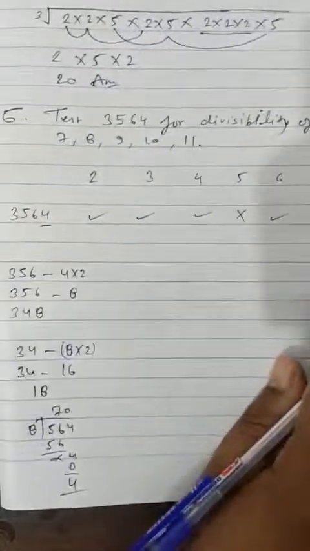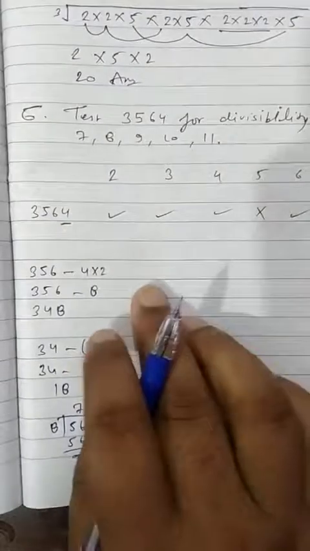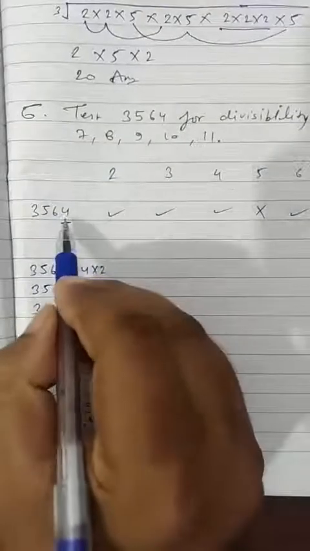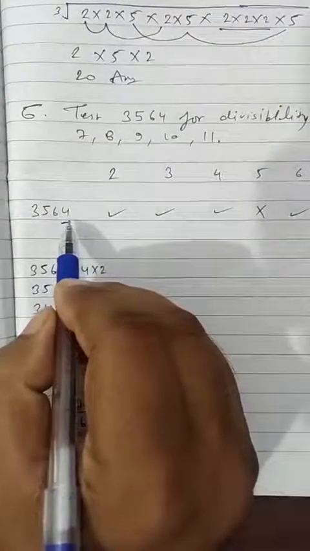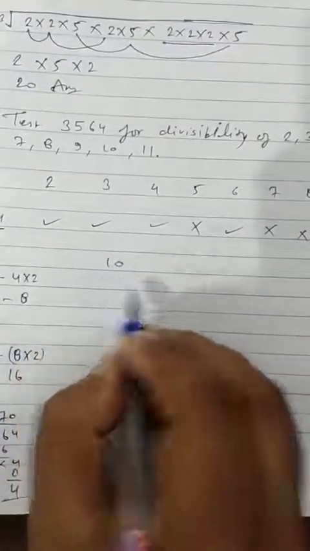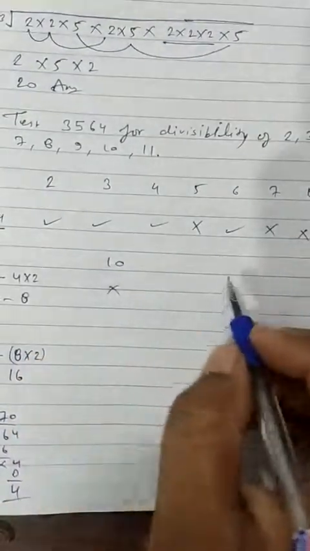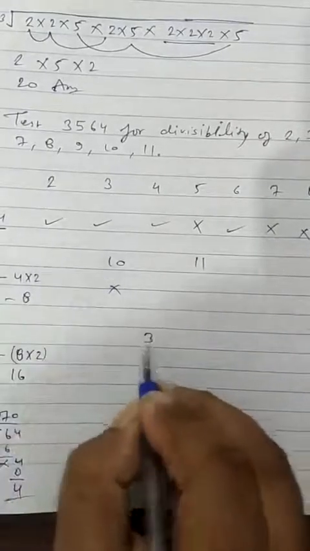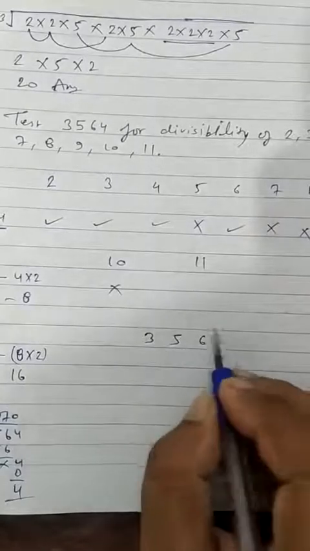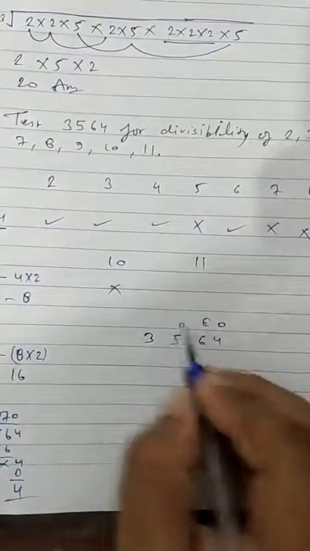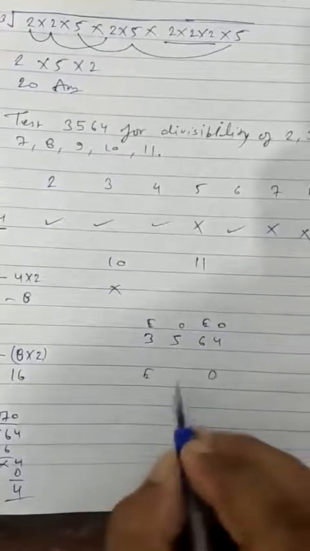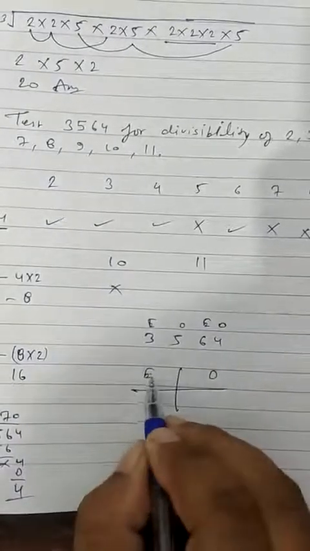Now next is the divisibility test of 10 and 11. Because this number does not have a 0 at its unit place, we will leave it. For 10 it is a cross, and for 11 we have a rule of the sum of the even and odd places. Odd, even, odd, even. So even places are added, odd places are added.